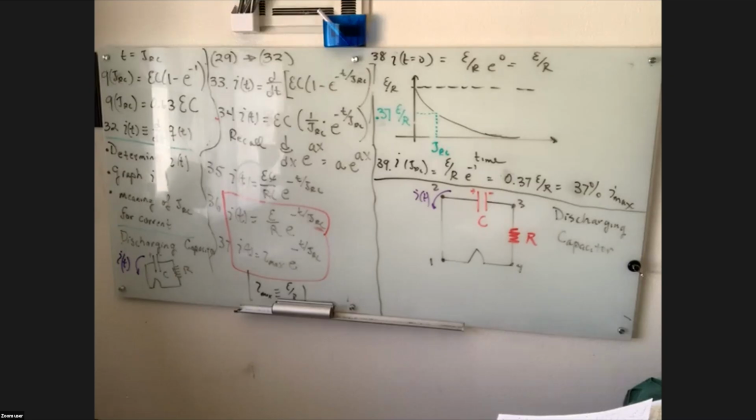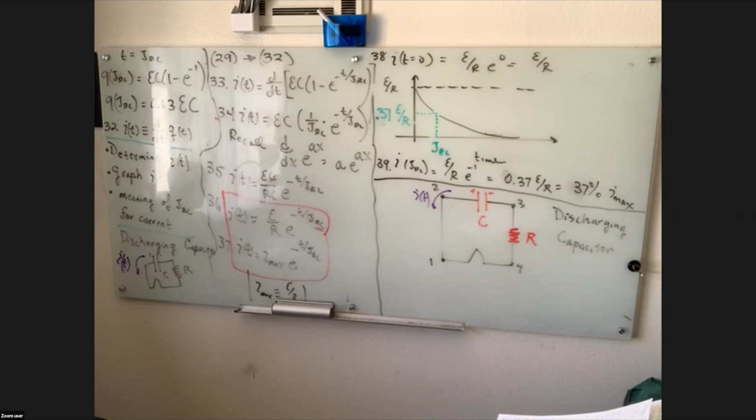So will both the current and the charge decrease then? Yes, they do. Just like in the last circuit, the charge increased and the current decreased. But here the current will decrease also, but for a different reason.